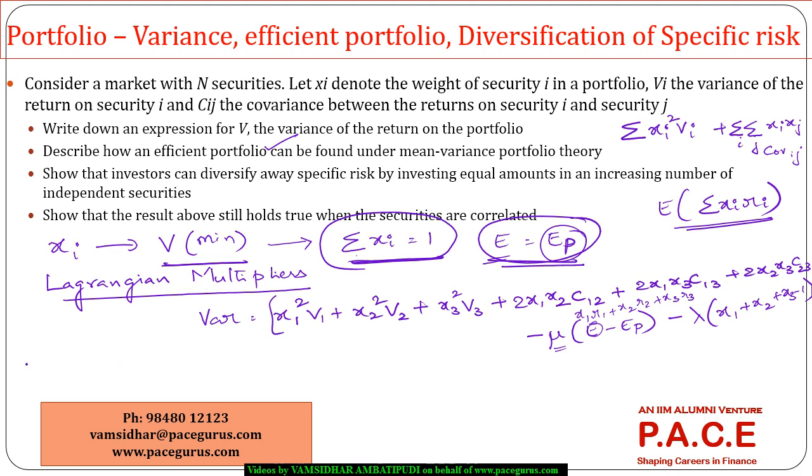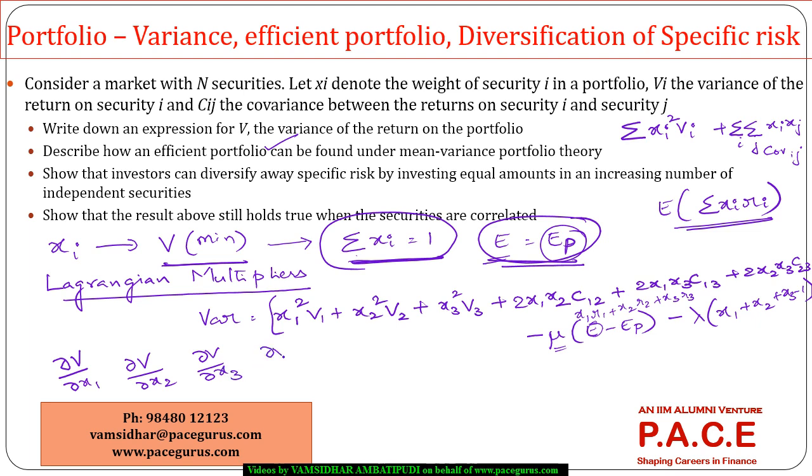Now if I have to really solve this expression, I want to minimize this particular variance function. The way I will minimize it is with partial derivatives. So I'll take dou v by dou x1, dou v by dou x2, dou v by dou x3.